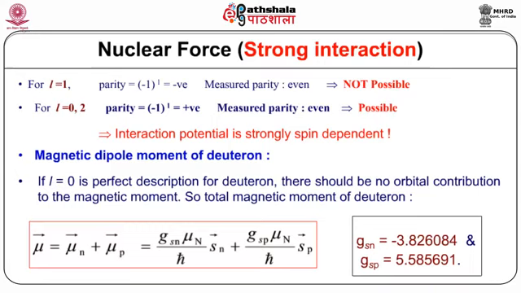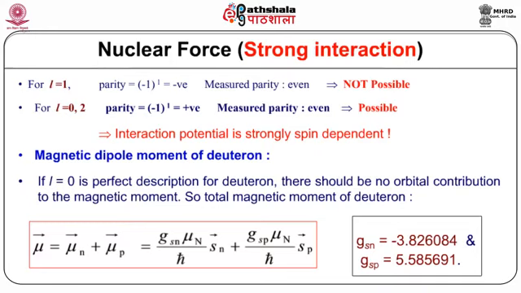Measured parity is even, so this is possible. Because the experimental value of parity for the deuteron is found to be positive, L = 1 is not possible, and L = 0 and 2 are possible. So the interaction potential is strongly spin dependent.